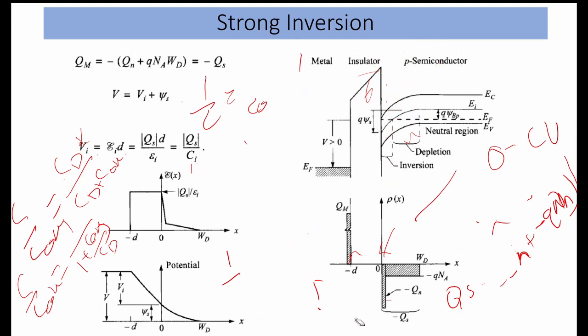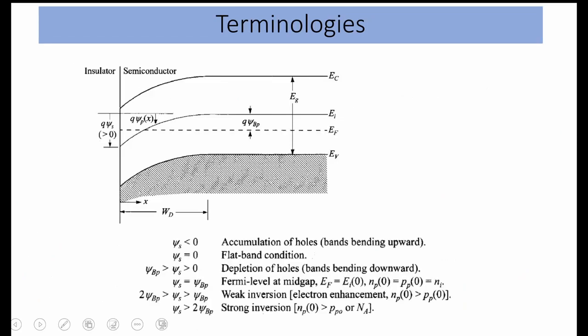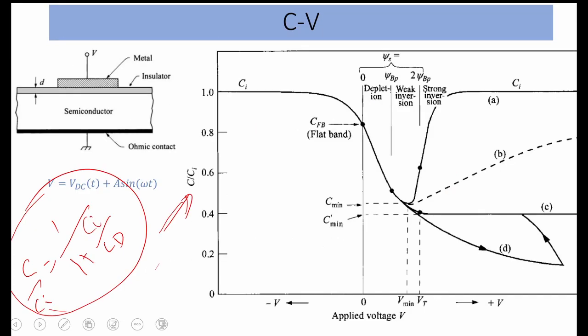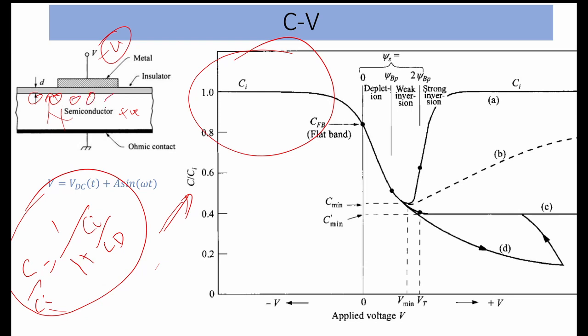initially in this region, why it is coming almost equal to 1, because when we apply the negative voltage, there are a majority of holes in the semiconductor, so there will be accumulation of holes at this interface.